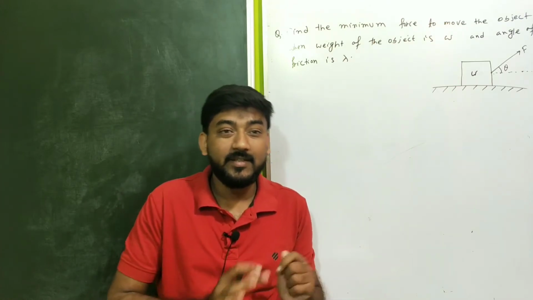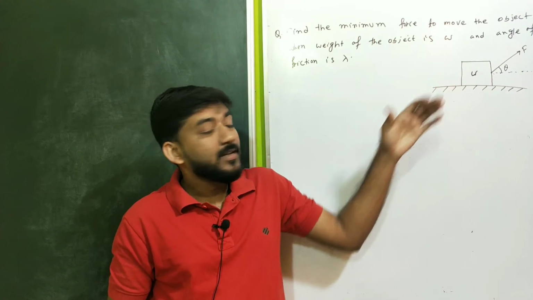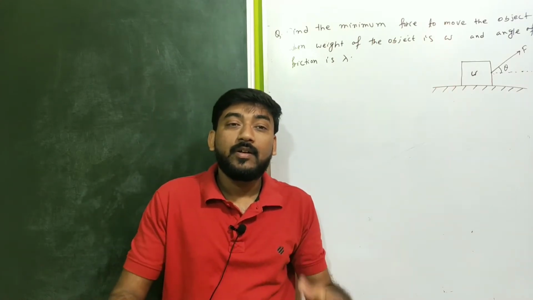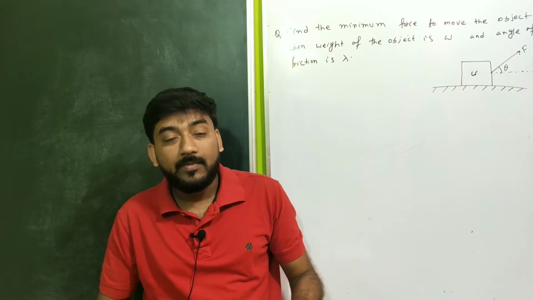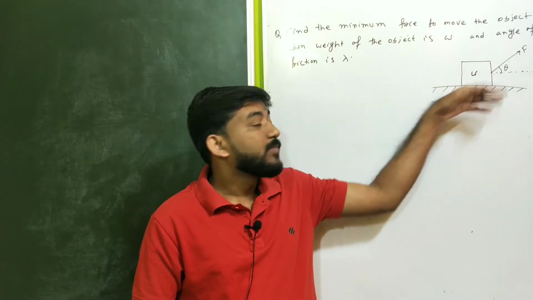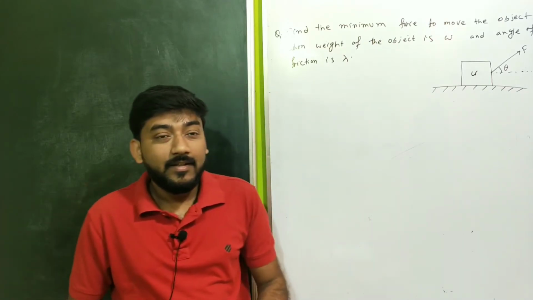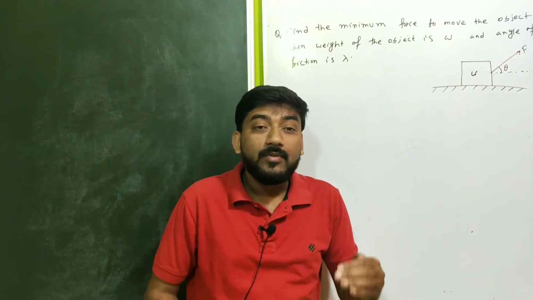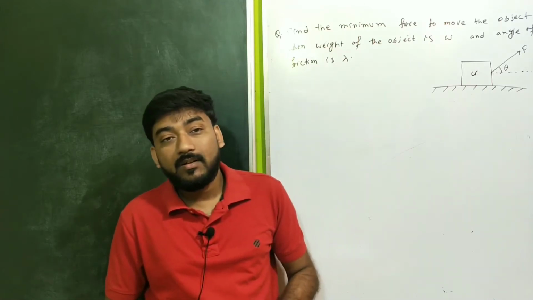This is the interesting part of this problem: the object will be anywhere along the horizontal plane, and the direction of force may be any direction, but the condition for the force to be minimum will always be theta equal to lambda.